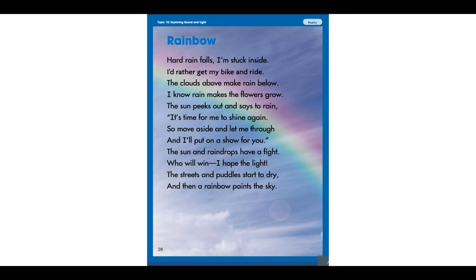Another question for you is, which words appeal to the reader's sense of sight? So, what words interest you and interest your sense of sight?